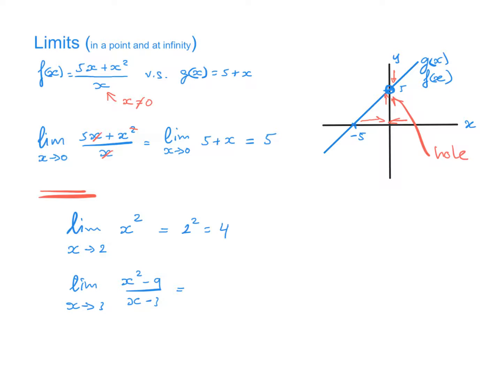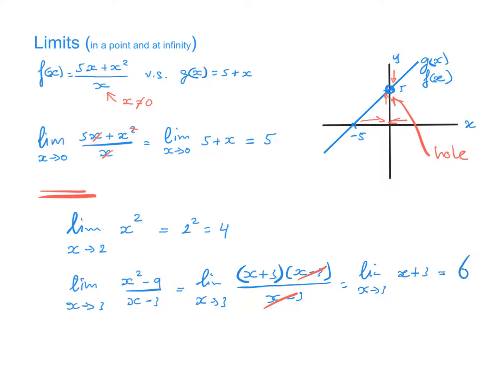Well, what happens is, it is the limit as x approaches 3 of (x plus 3)(x minus 3), I'm factorizing the top, and the bottom is still there, and I realize, hey, this cancels out. So it's actually the limit as x approaches 3 of x plus 3, which is 3 and 3, 6. That means for this function, (x squared minus 9) over (x minus 3), when x approaches 3, the function value approaches 6.